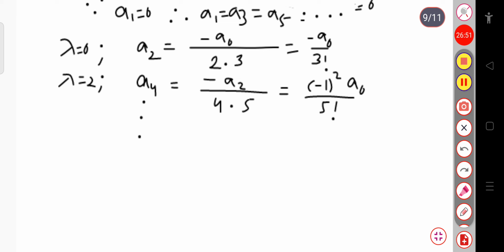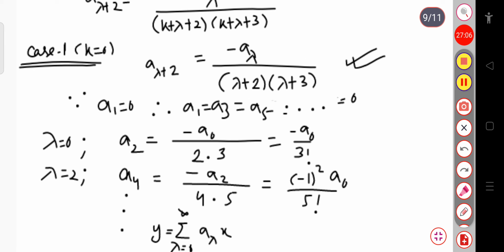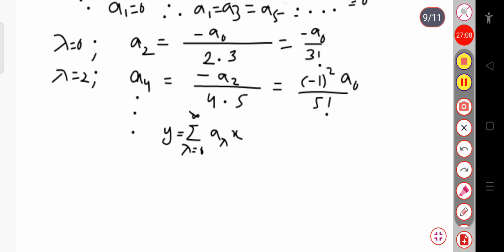Now, you know the Frobenius series solution is y equal to sum over lambda equal to 0 to infinity of a lambda x power k plus lambda. But since here the k value we have taken is 0, you can directly write this as x power lambda.